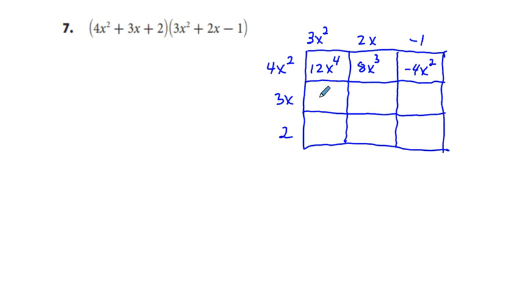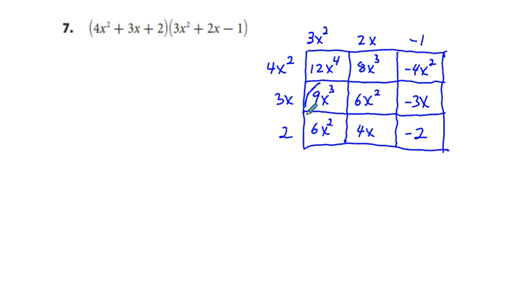And our second row is going to be 3x times 3x squared, which is 9x cubed. And then 3x times 2x would be 6x squared. And then negative 1 times 3x is minus 3x. And then 2 times 3x squared is 6x squared. And then 2 times 2x is 4x. And finally, 2 times negative 1 is negative 2.